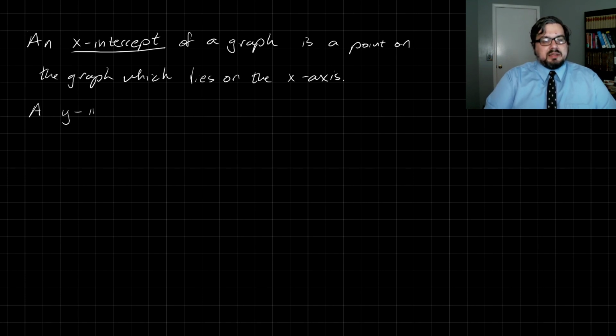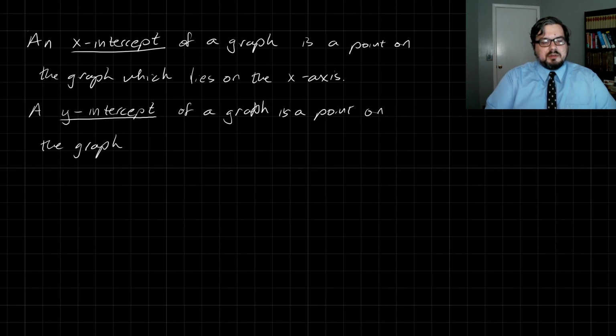A y-intercept of a graph is a point on the graph which lies on the y-axis.